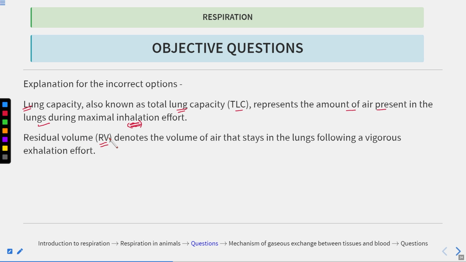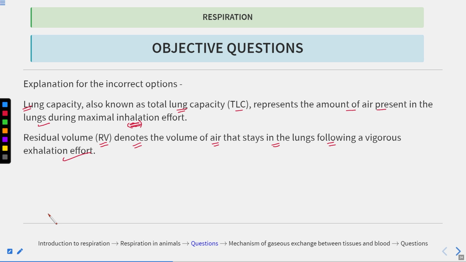What is residual volume? It denotes the volume of the air that stays in the lung following a vigorous exhalation effort. It is the volume of air that remains in the lungs after you exhale to your maximum level.